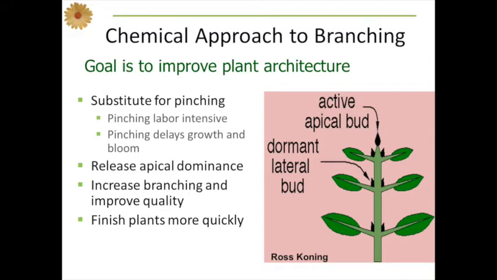And as he said, it does take a lot of growth away, so it delays the production and typically delays the bloom. So what we're looking for is a chemical way to reduce apical dominance, reduce the activity of that bud so that it allows these lateral buds to grow out. That will give us an improvement in branching, which typically improves the quality of our plant, and a lot of times it can make those plants finish more quickly. So we have a lot of reasons for doing this.